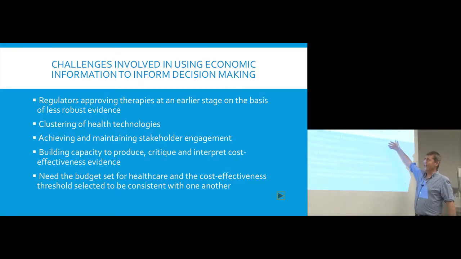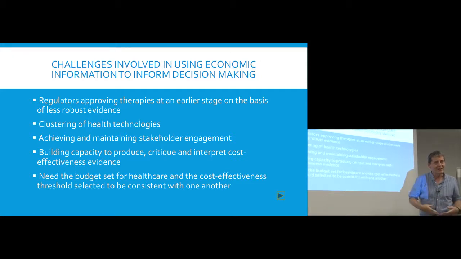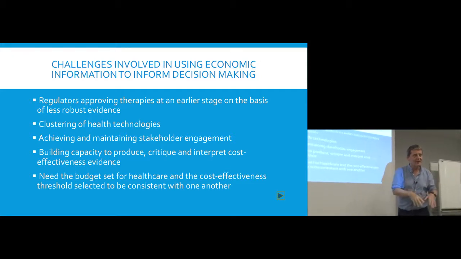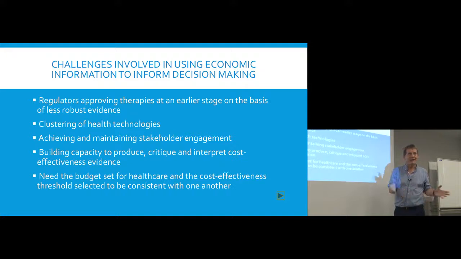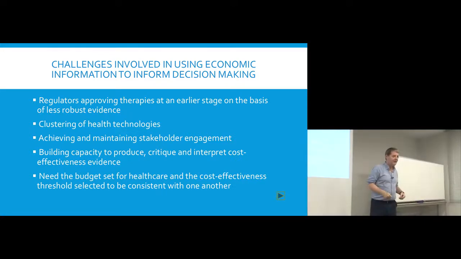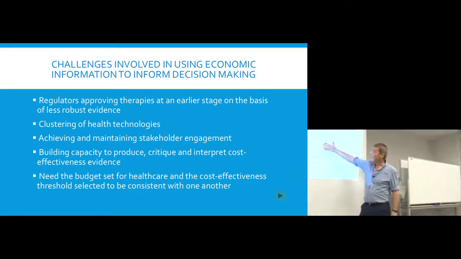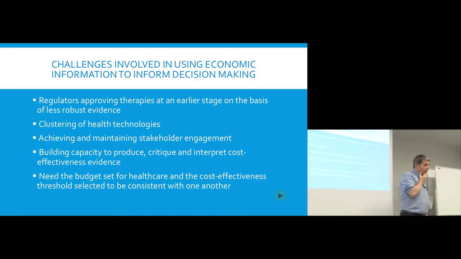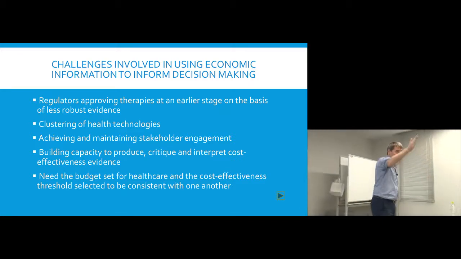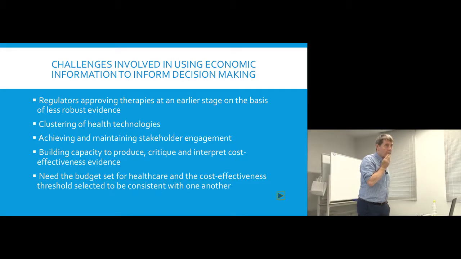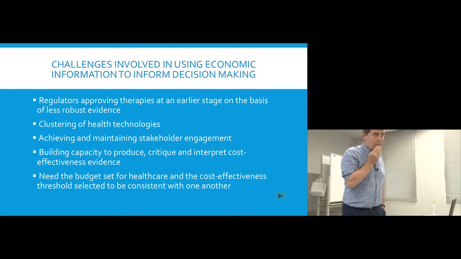The challenge is this, that with the regulators approving drugs at an earlier stage, there's a real pressure on the health technology assessment bodies to make decisions at an early stage. Another challenge is what we might call the clustering of health technologies. Is there any feature of those drugs that are being approved earlier?